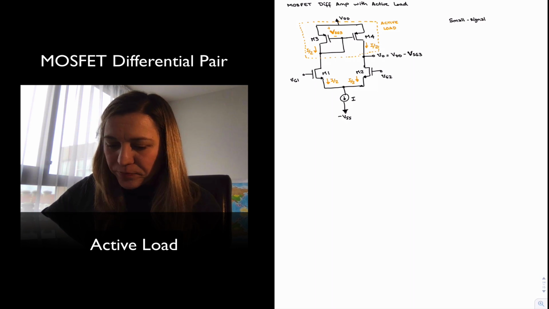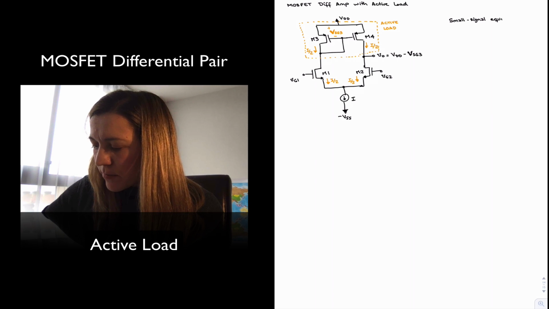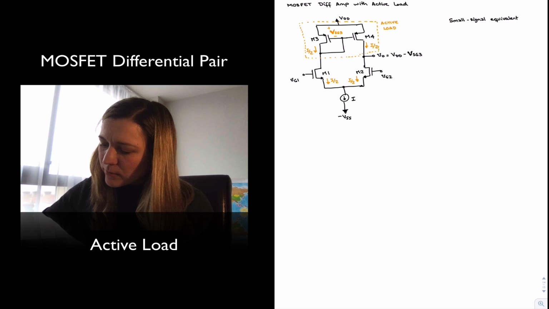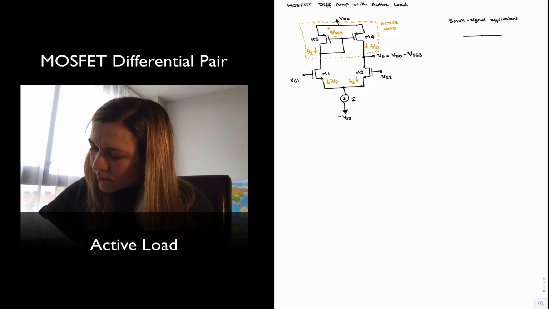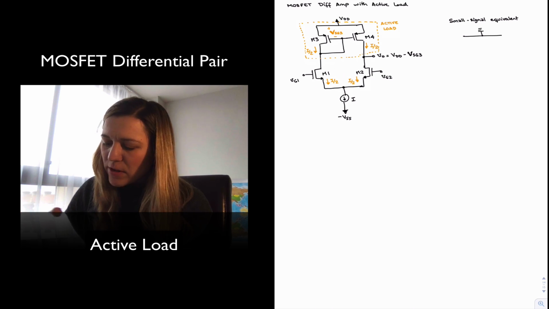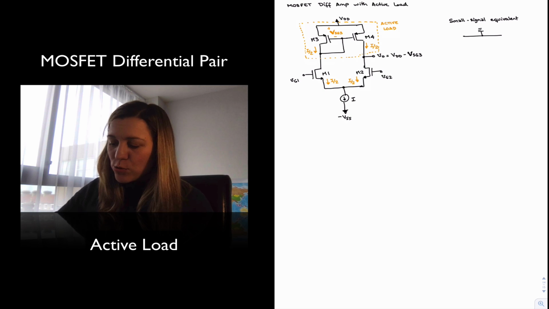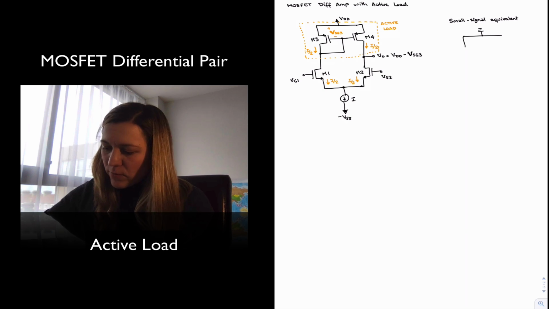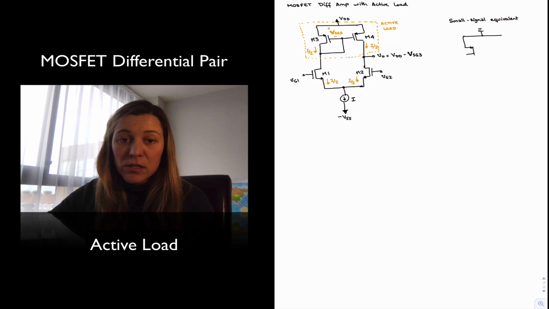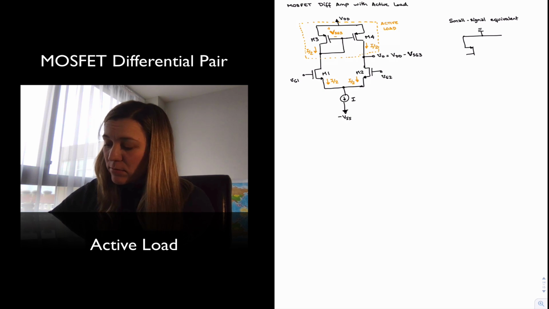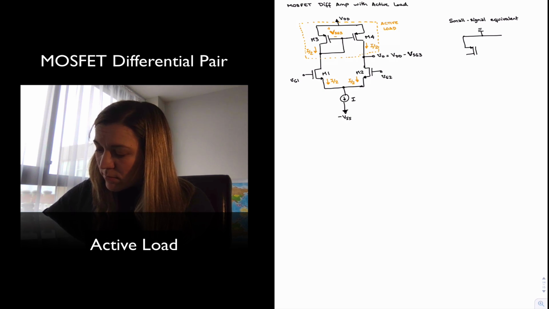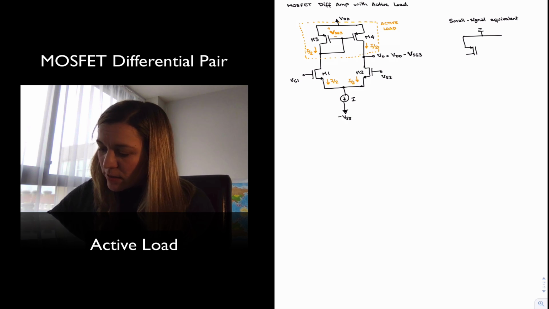Small signal equivalent circuit. And this is basically what I have. I'm going to turn off my DC sources. Here is my diode connected transistor M3. Sometimes it just appears as a diode, and that's fine. So sometimes you'll see it connected as follows.